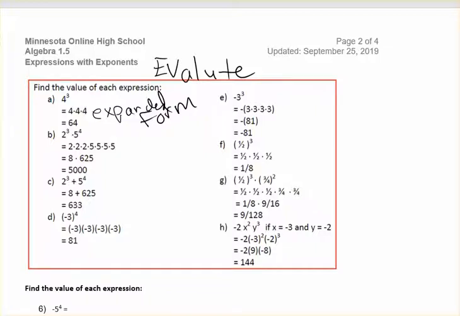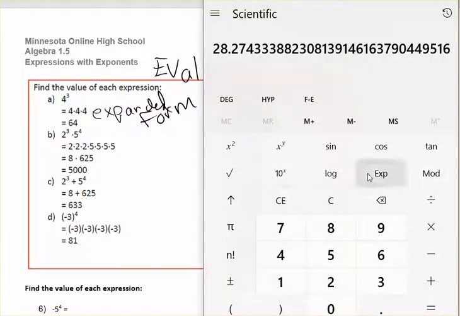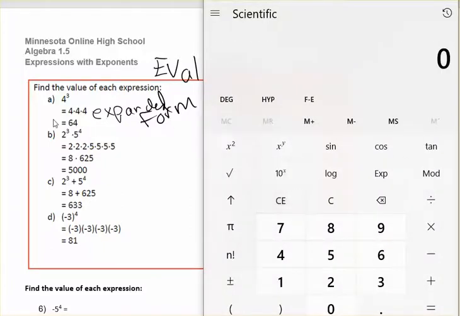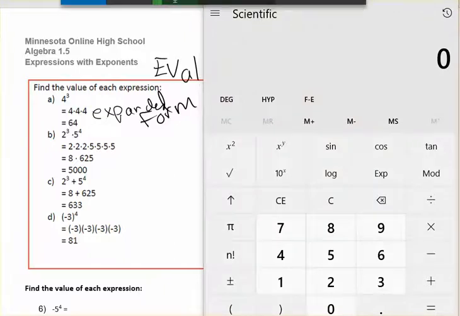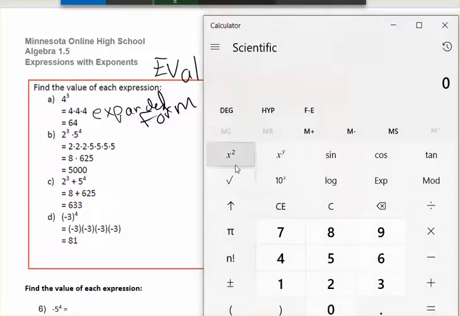I'm going to show you on the calculator that's on my computer how I would do this problem to check if I multiplied correctly. 4 to the 3rd power. First of all, make sure your calculator is a scientific calculator. Scientific calculators will have more options above the numbers than just add, subtract, multiply, and divide.